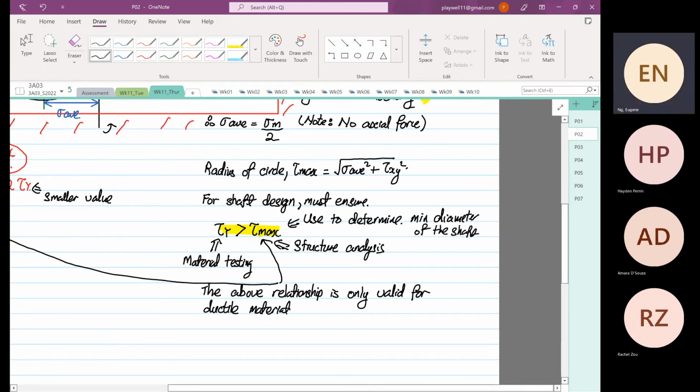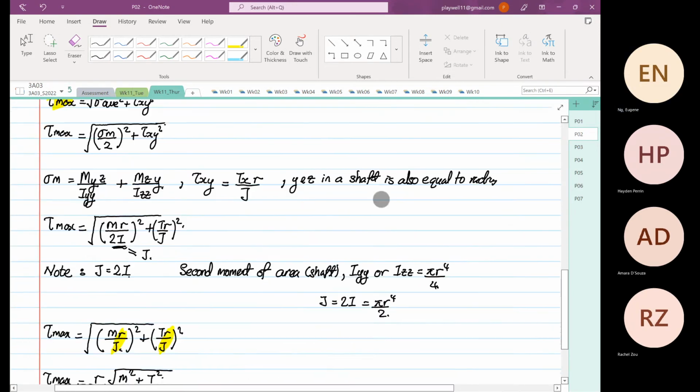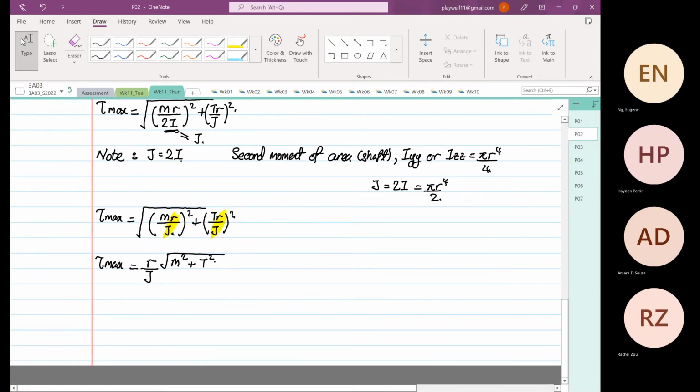Okay. That is the purpose. So from here, in general, we want to find what is our R. Okay. So we rearrange the equation.